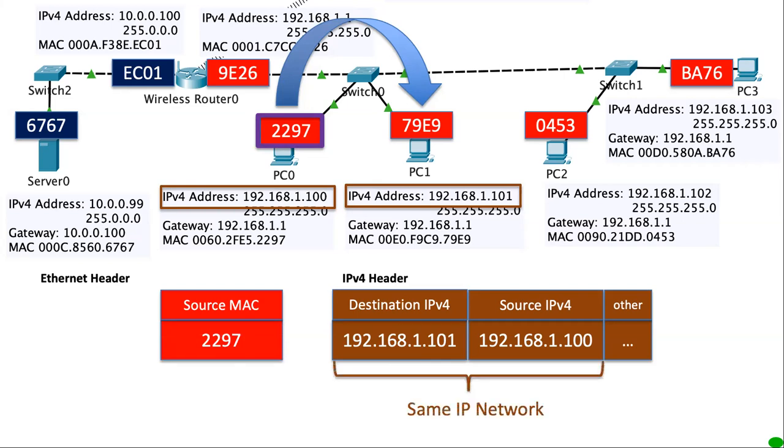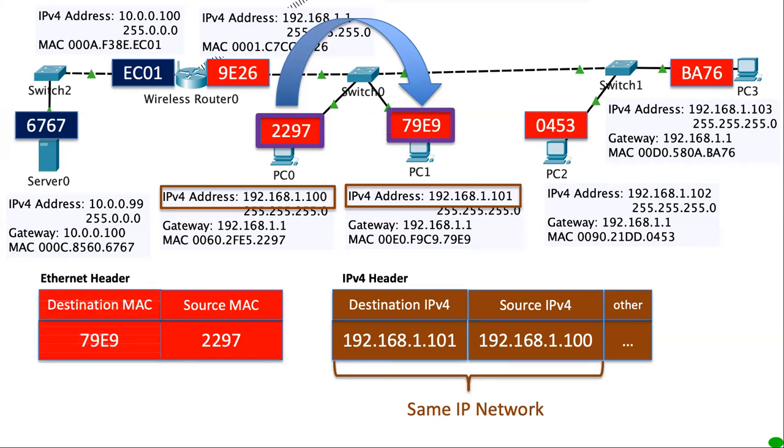And because these two IP addresses are also on the same IP network, the destination MAC address will be 79E9. Encapsulate the rest of the Ethernet frame, and PC0 can send this Ethernet frame directly to PC1.